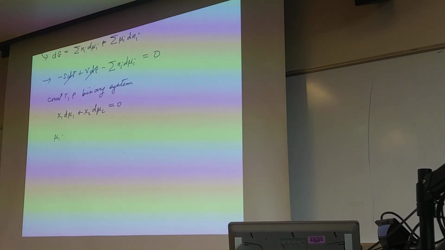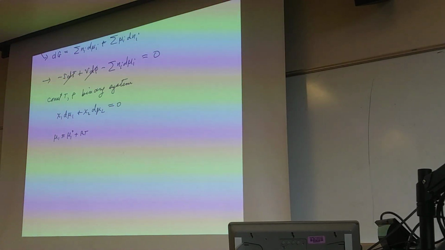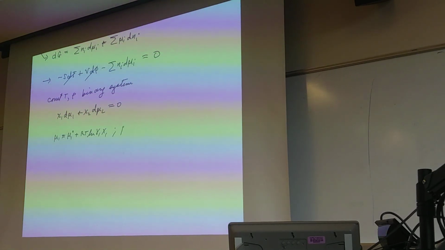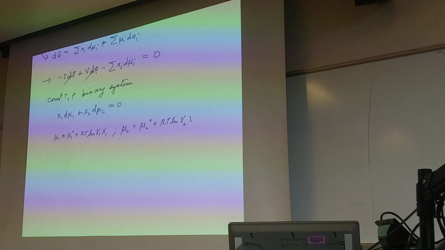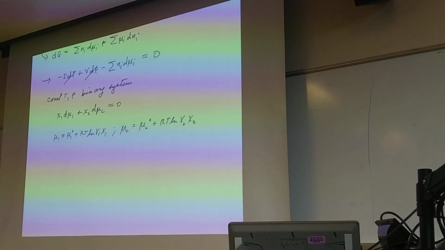Mu 1 can be written out as mu 1 0 plus RT log gamma 1 x1. And similarly, mu 2 I'll write that out.